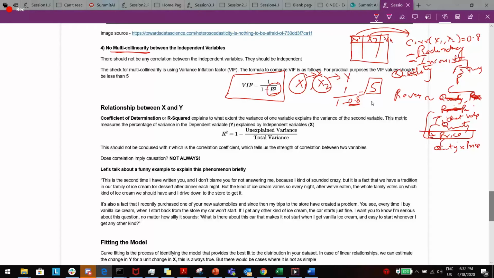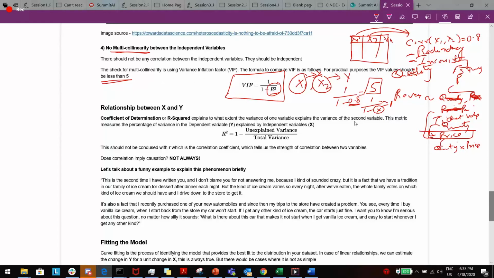In the ideal case, the VIF is approximately equal to 1, but for practical purposes it is agreed that anything less than or equal to 5 is acceptable. So that is what multicollinearity means.